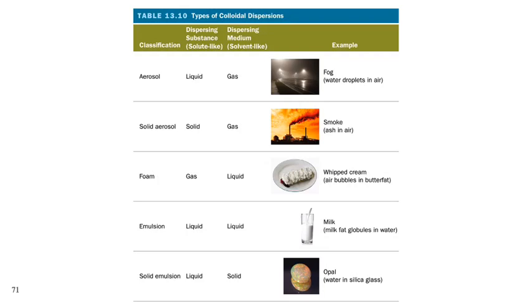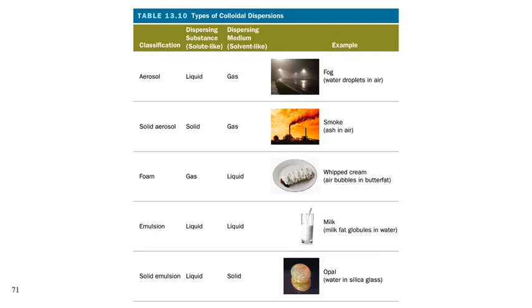And then when they skim that off, what remains is the skim milk that doesn't have any fat in it. And you can also have solid emulsions. Opals are water dispersed in silica glass. And those little bits of water in there give it that beautiful, shiny quality.